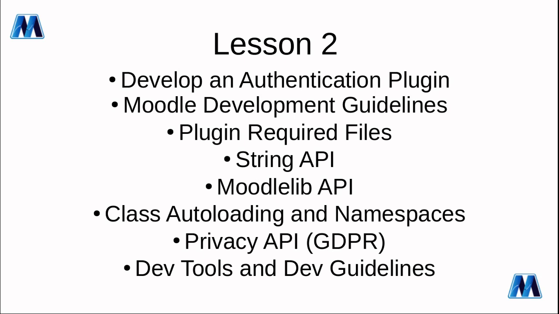We looked at the string API, the Moodlelib API. We also talked about class autoloading and namespaces, especially as regards the privacy API, which we integrated into our plugin. And then we finalized the lesson by looking at the 2 development tools, and then having an overview of the development guidelines at the end of the lesson.